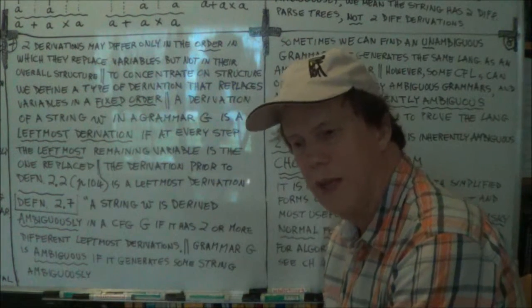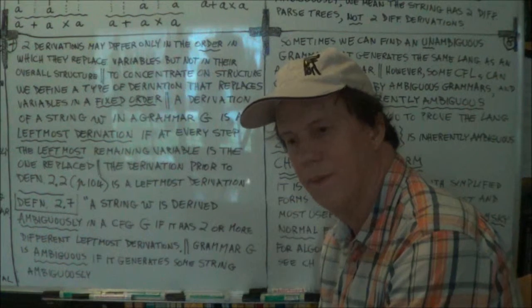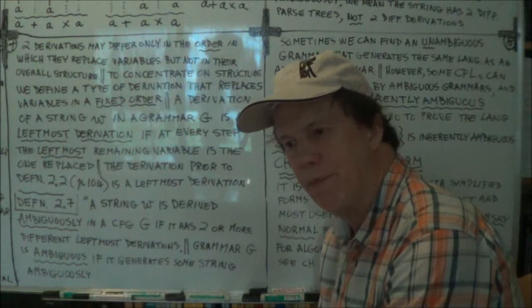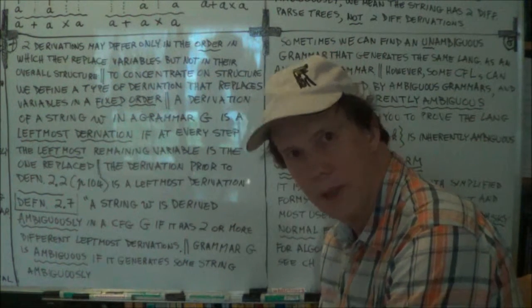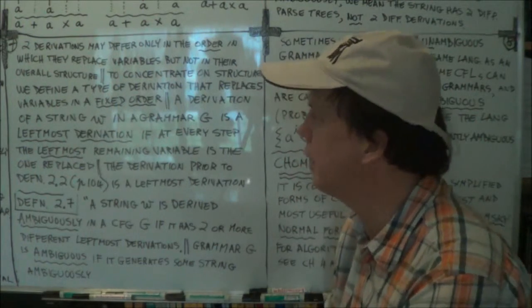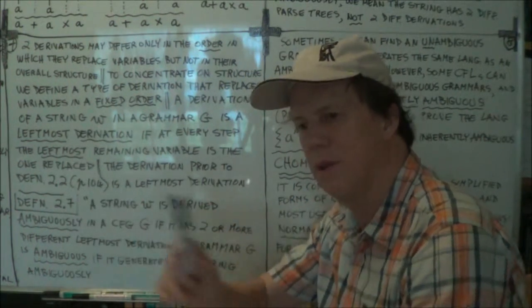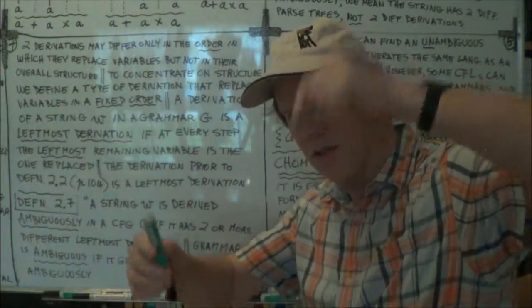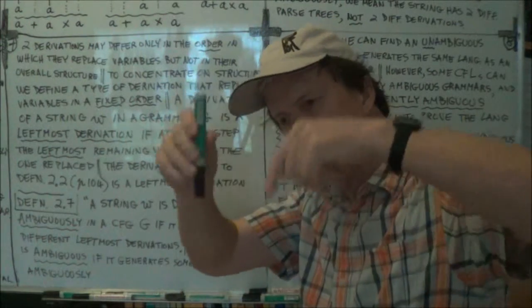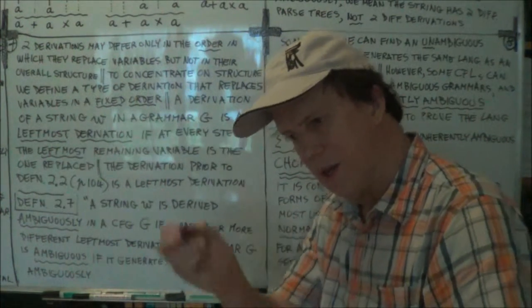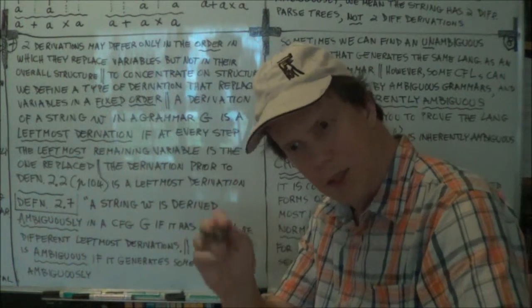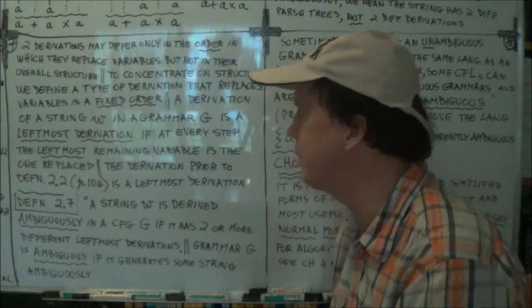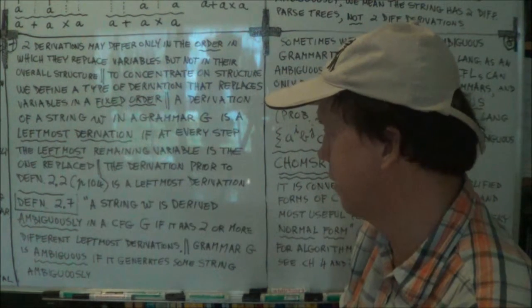Now, if doing that, you still get ambiguity, in other words, you still get two parse trees that are different for the same string, well, then you have ambiguity. But by doing it leftmost, you just don't do the right hand one before the left hand one. You just go from left to right, rewriting each time your leftmost variable in your string. Okay, so that's leftmost derivation.